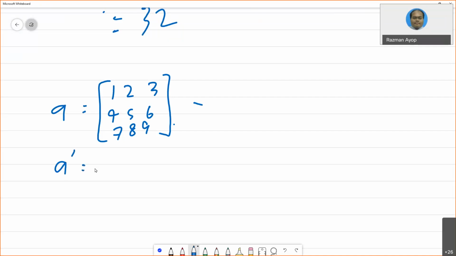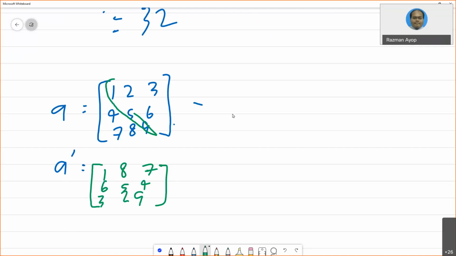Basically, you maintain the diagonal, 1, 5, 9. The others you move, like 3, 7. You just put it like a mirror. So 2, 8 becomes 8, 2. You put a mirror at the center. You get 6, 4. Something like this. This is called transpose.